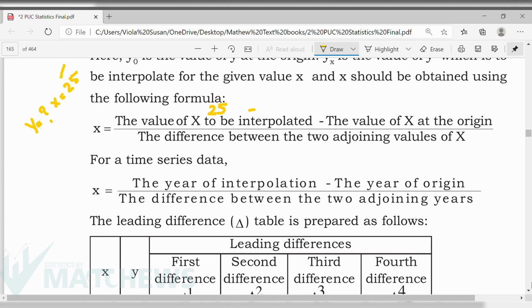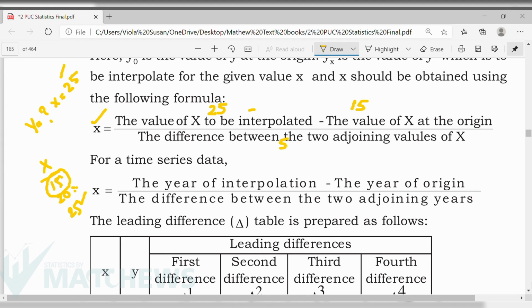The x values will start from 15, then 20, 25, like that. So the value at the start origin is 15. So 25, which is to be interpolated, minus 15, divided by the difference between two adjoining values of x, that is 15 and 20. What is the difference? 5. That means (25-15)/5 gives you the value of x.